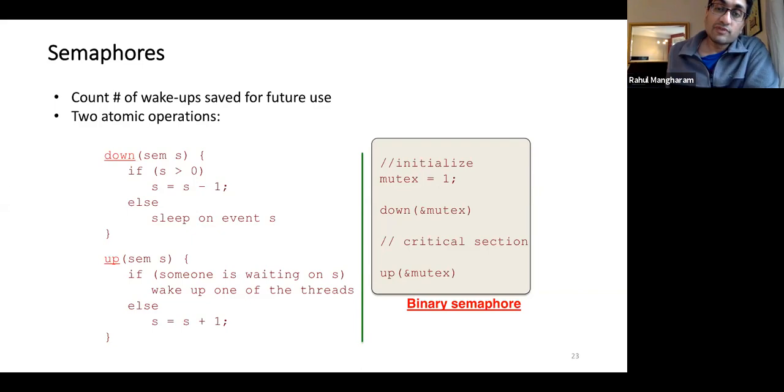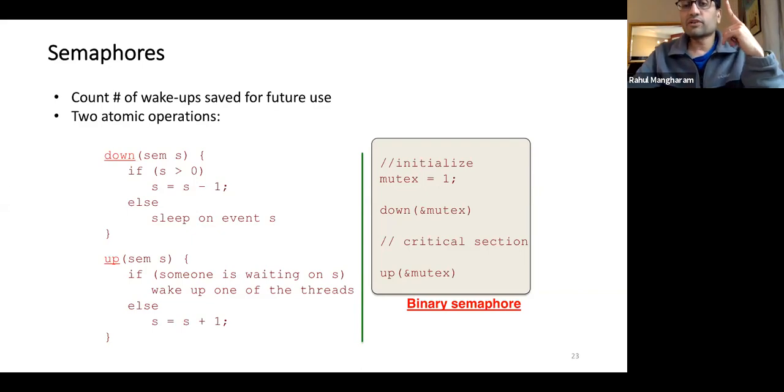So before I enter the critical section, I first initialize a mutex to be just 1, because 1 means that at most one task can execute a critical section at any time.